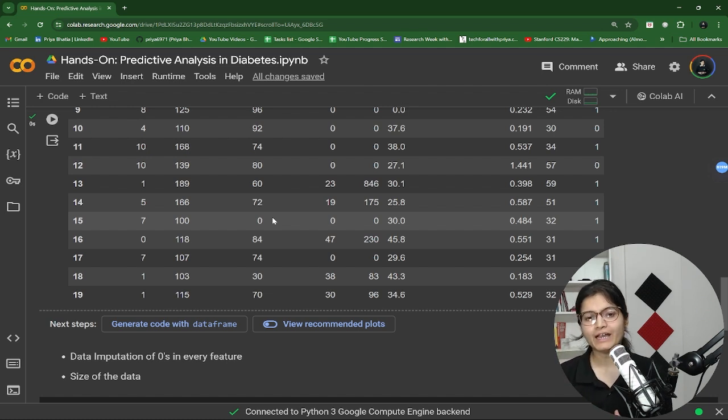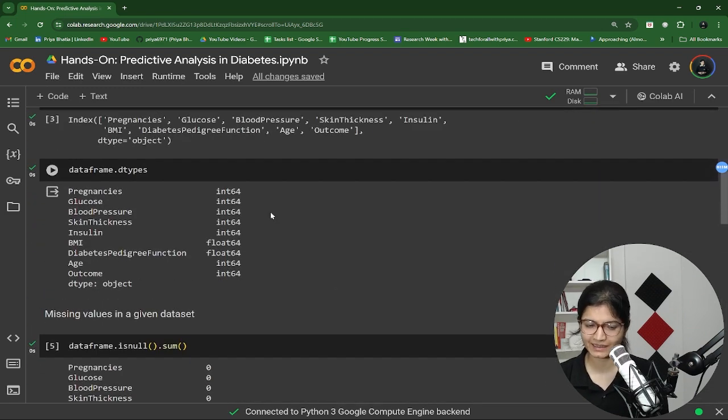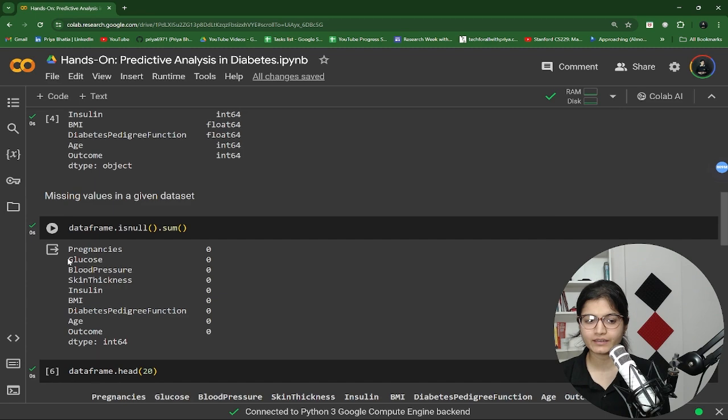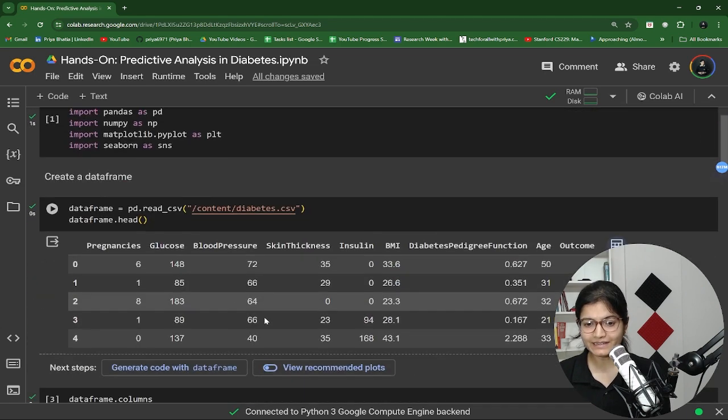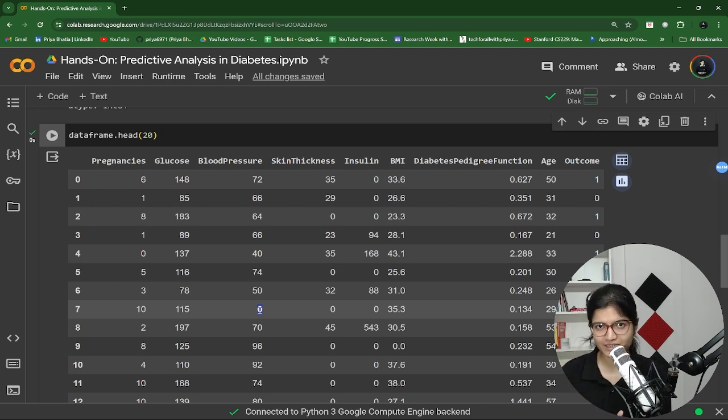And we saw that there is one issue in this particular data set: although this data doesn't contain missing or null values, it still contains some weird zeros, which don't make sense, because no human being can have a BP value of zero, or, let's say, a skin thickness value of zero. At that point of time, I told you that when we move towards the EDA step, we will figure out how we can solve this problem.